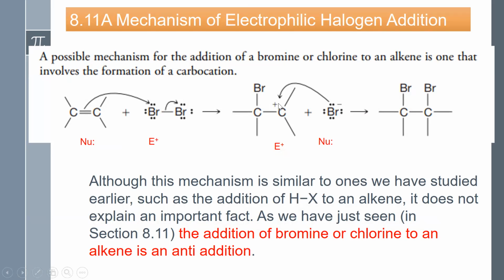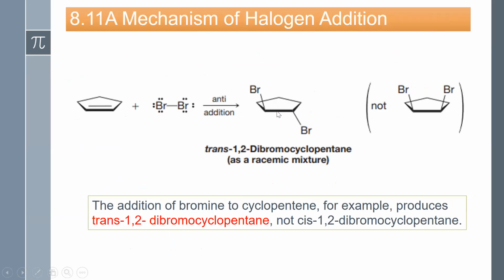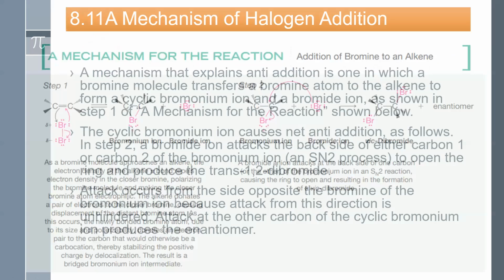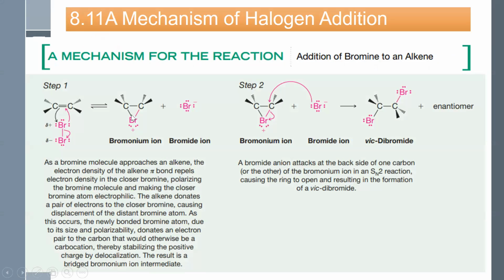So instead of really a positive alkyl halide carbocation, what you get is a bromonium ion, or halogenium ion, where the adjacent bromine or halogen forms a cyclic ring with the adjacent carbon that bears a positive charge, so that it can be stabilized. And then what you get is a bromide. So next, you have your step 2.